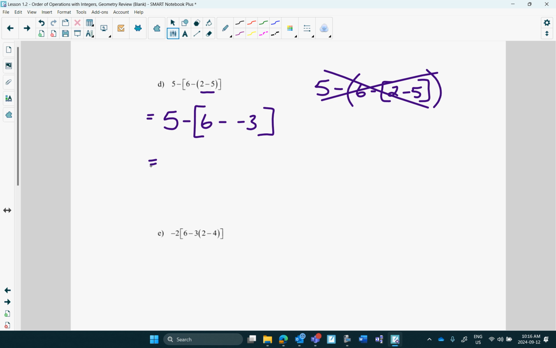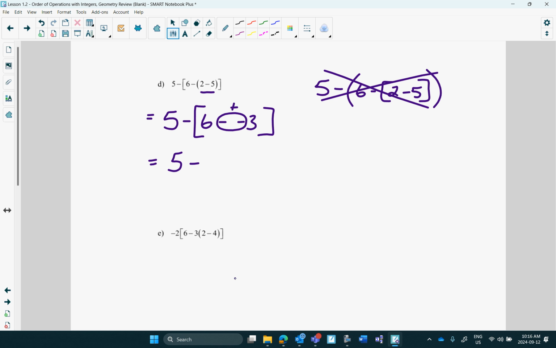So the parentheses are gone, but the brackets aren't. That's next. So I'm not touching the 5 subtract because I got to do everything inside the brackets first. What do I get when I do the stuff inside the brackets? 6 subtract -3. This becomes the same plus.